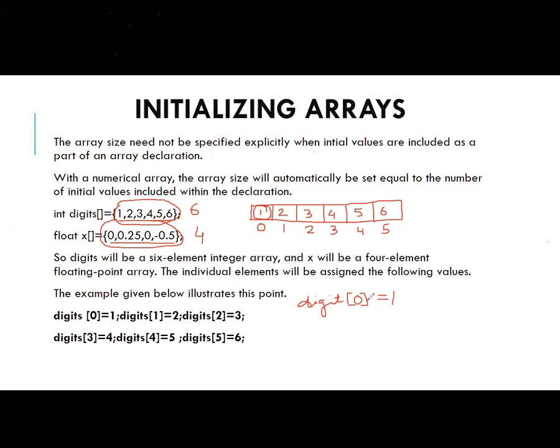Similarly, if I want to find what value is at the fifth index, that means digit 5, digit 5 will give me the value which I require, that is 6. So this is how you automatically get or set the size of the array.